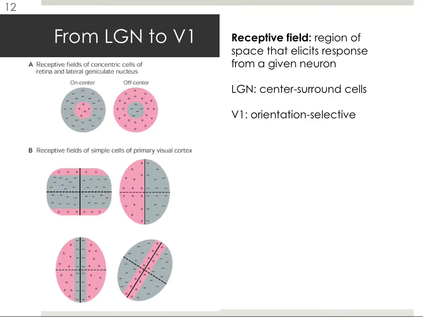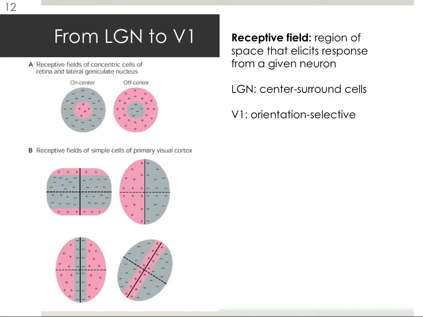So on-center, off-surround, off-center, on-surround. So receptive fields at the level of the LGN can be thought of as concentric circles of center and surround areas.